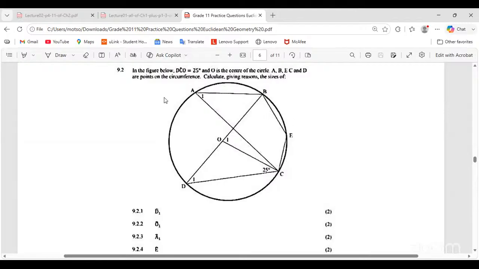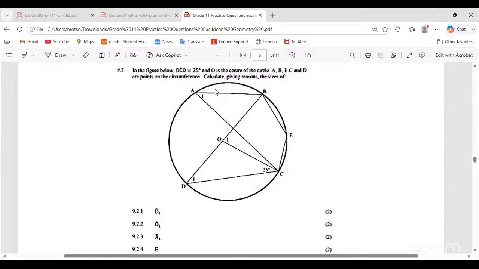So in front of the screen here, I have question 9.2. It says: in the figure below, we are given the angle DCO as 25 degrees and O as the center of this circle. The points A, B, E, C, and D are points on the circumference of the circle.